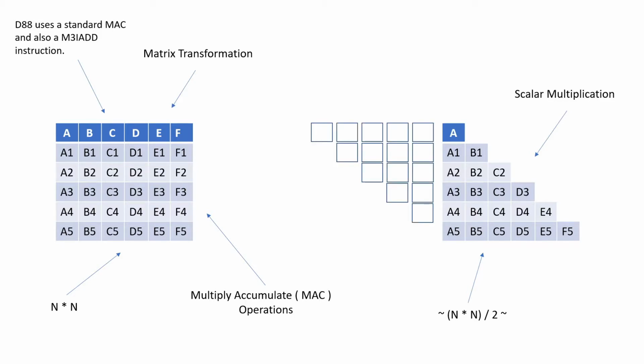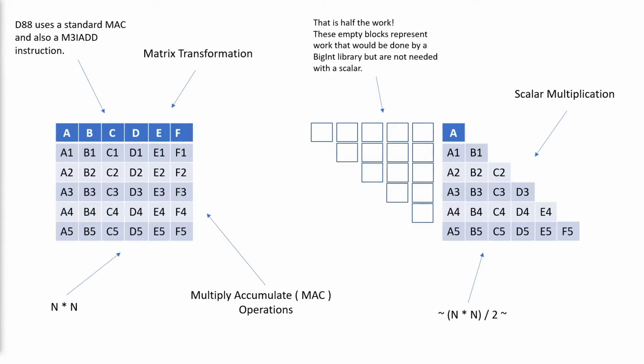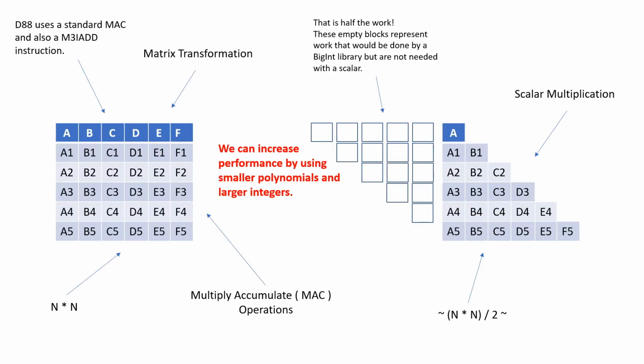This works because approximately half of the complexity of multiplication can be ignored when we're not implementing a big integer. These empty blocks represent work that would be done by a big integer, but are not needed with a scalar. We can increase performance by using smaller polynomials and larger integers.